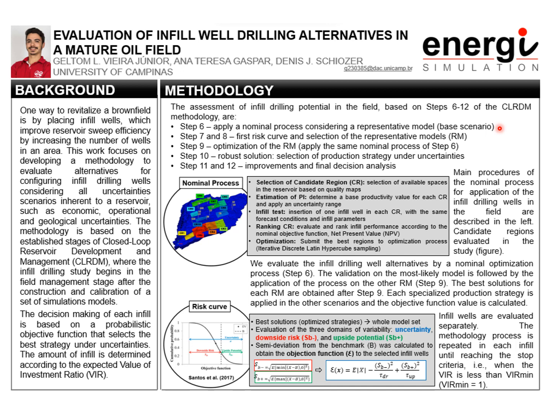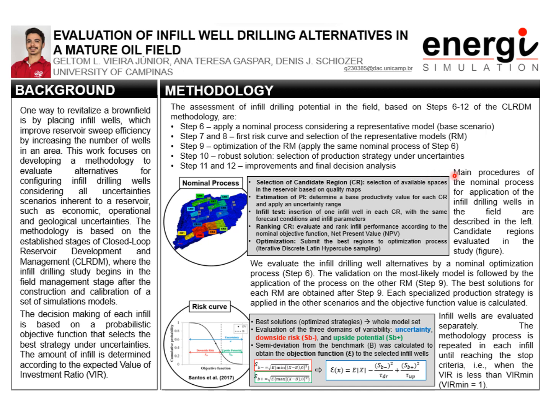After that, we select the other representative models. In step 9, we optimize each representative model, different from the representative model in step 6. In step 10, we select the production strategy under uncertainties. In steps 11 and 12, we have the improvements and the final decision analysis.